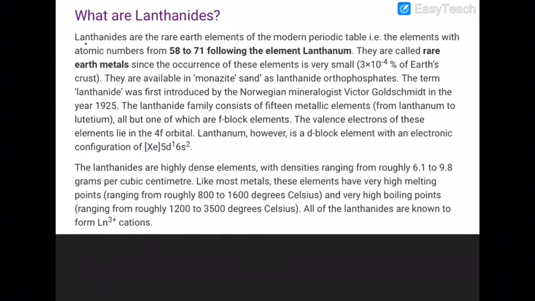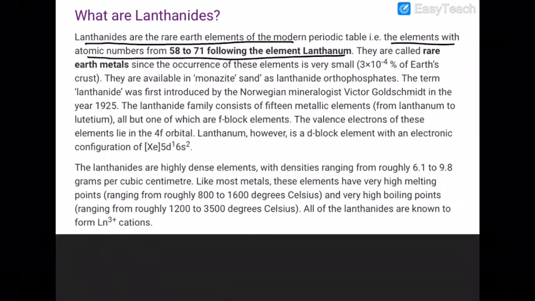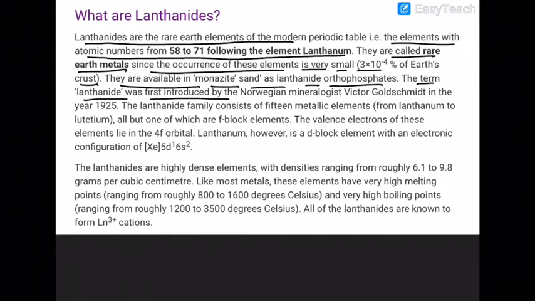Now, lanthanoids are rare earth metal elements, with atomic numbers from 58 to 71 following the element lanthanum. So lanthanum is not a lanthanoid. They are called rare earth metals since the occurrence of these elements is very small, about 3 into 10 power minus 4 percent of the earth's crust. They are available as monazite sand, as lanthanide orthophosphates. The term lanthanide was introduced by Norwegian mineralogist Victor Goldschmidt.